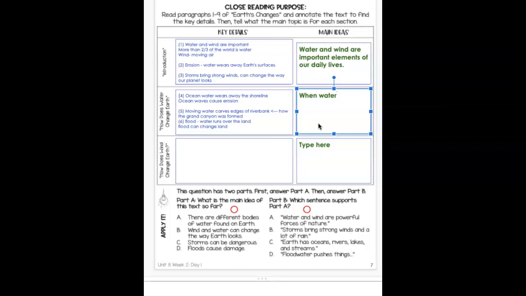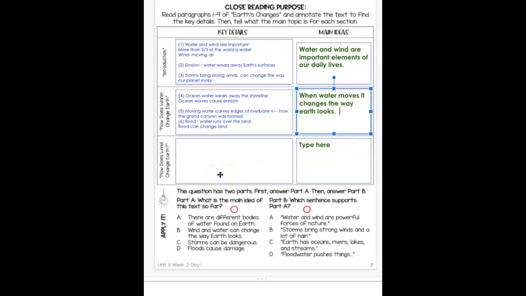So I would say when water moves, it changes the way Earth looks. Yeah. So great. In blue are all our key details, and in green we summed all of those details up and wrote one sentence, and that's what it's basically talking about.